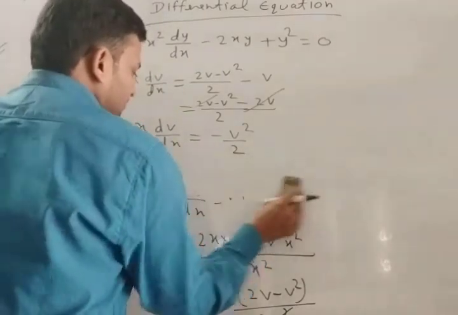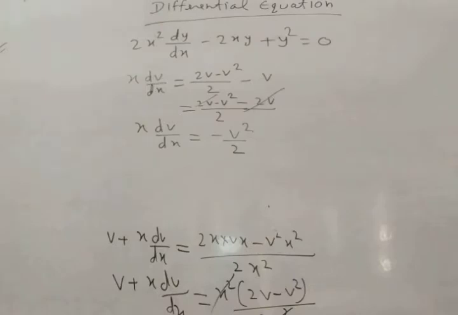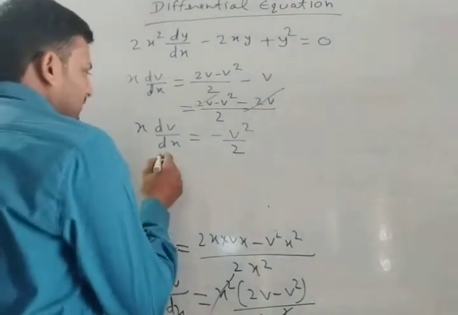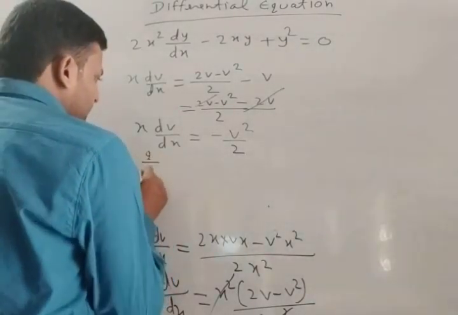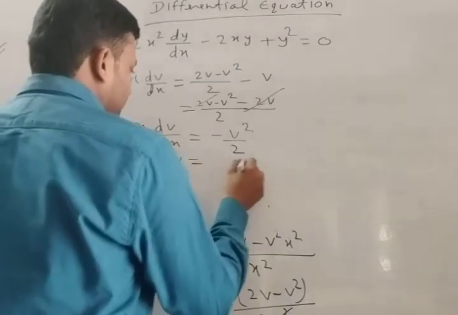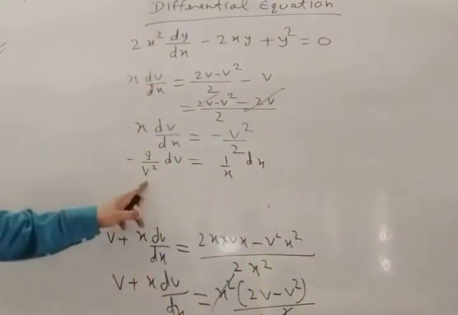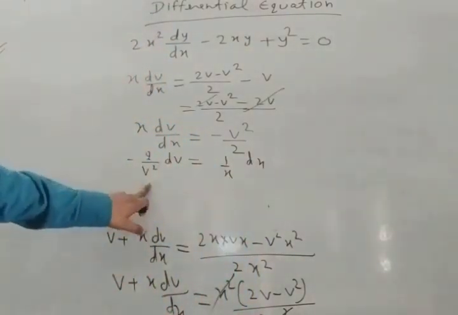Now what we will do? We will use variable separable. So we separate the variable. What we get? We get 2 by v square dv is equal to dx by x. We write this after separating the variable.